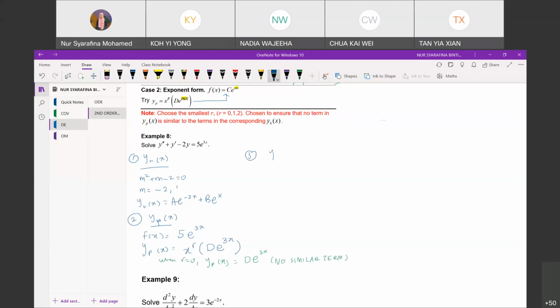Proceed with the next step: matching with the differential equation. We have YP already, so we should find YP prime and YP double prime and substitute into the differential equation.